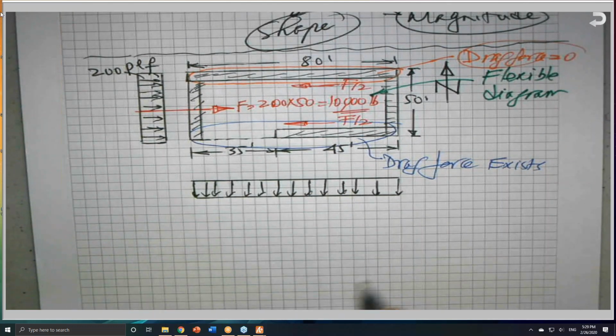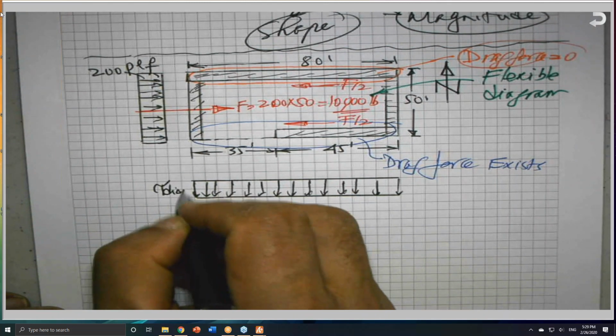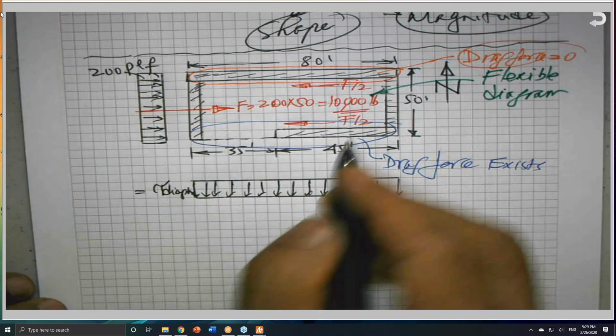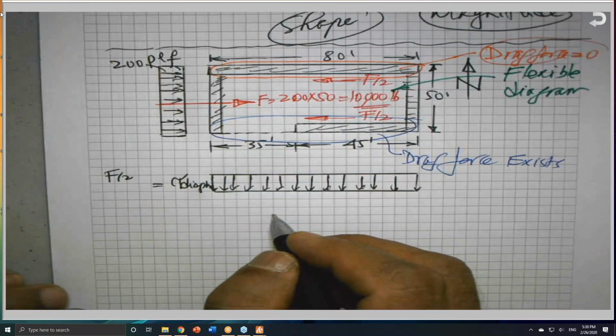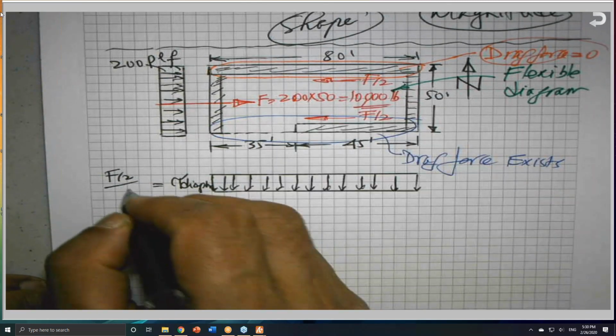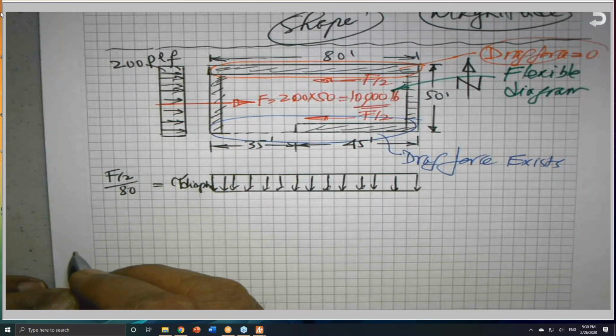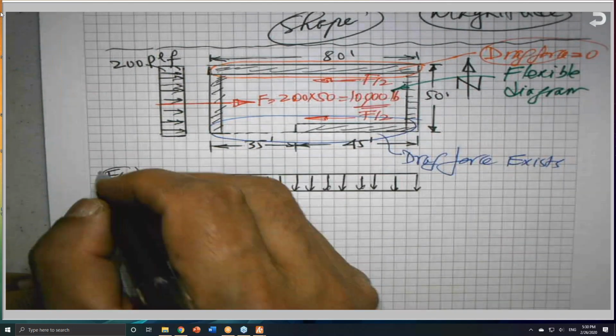So this is tau diaphragm, which is equal to F over 2, which is equation 9-3, by the way, over 80. What is F over 2? F over 2 is 5,000 pounds.